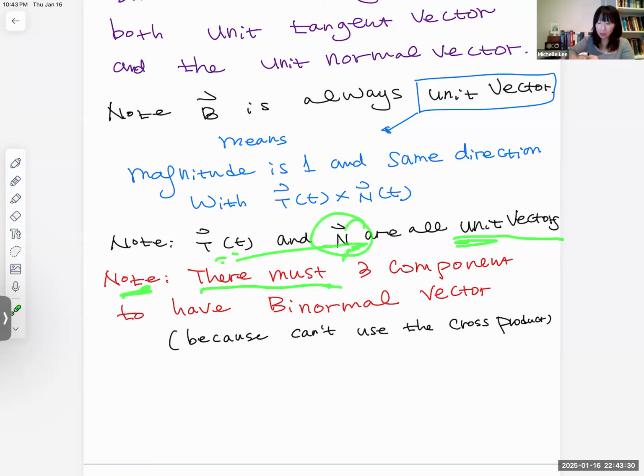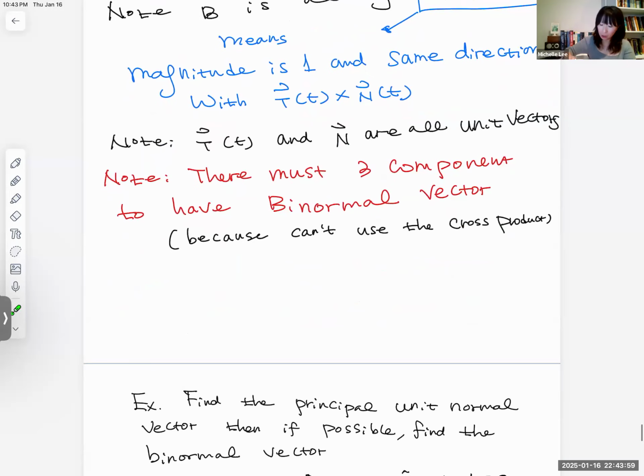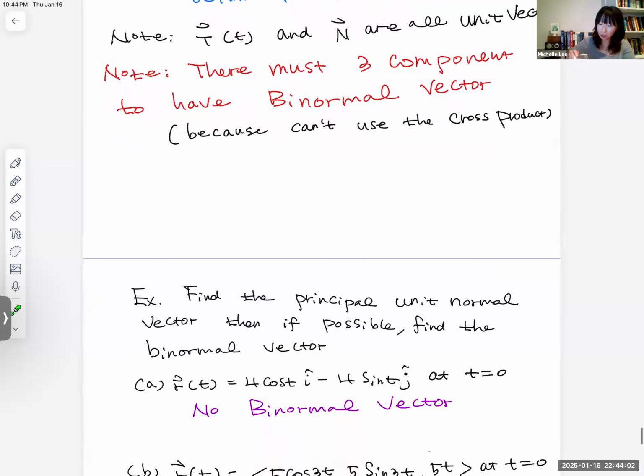So note, there must be 3 components to have a binormal vector. Why? Because of the cross product, right? If we have only 2 components, we cannot do a cross product operation. We learned only the 3-component cross product, right? So we have to have 3 components. Okay, so find the principal unit normal vector. If possible, find the binormal vector.